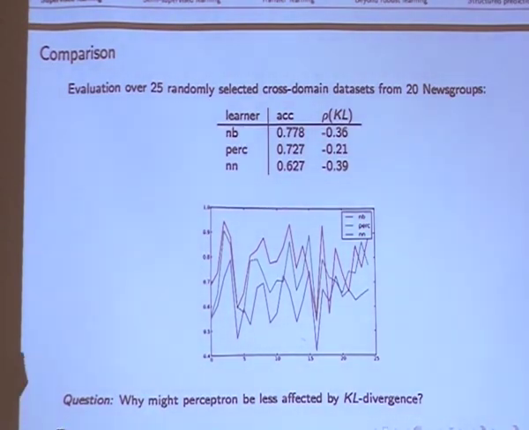Whereas the Perceptron is really just going to care about very frequent features where you have more support. But these are the kind of questions that I think we should really be asking ourselves.